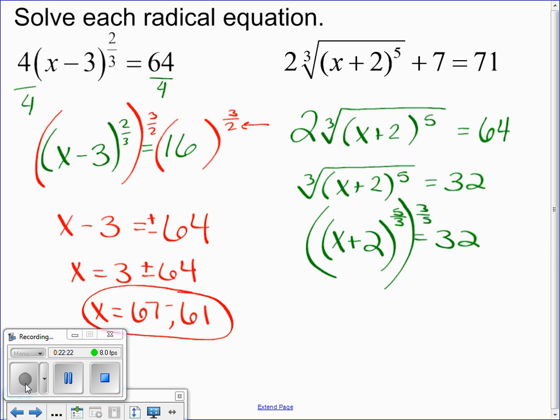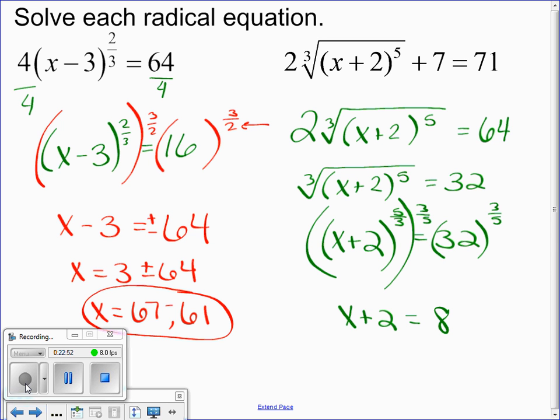Technically, that is the correct math way to do that. Will I have a plus minus on my answer? No, my denominator is odd. So what do I get on the left side? It's just x plus 2. And then what is 32 to the 3/5 power? 8. 3 divided by 5.